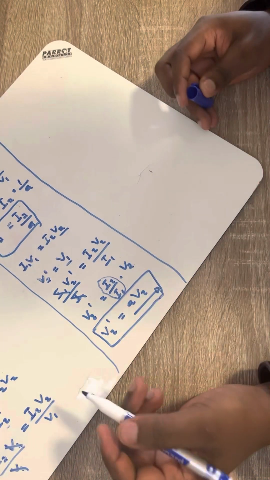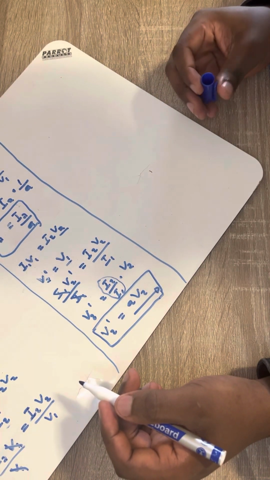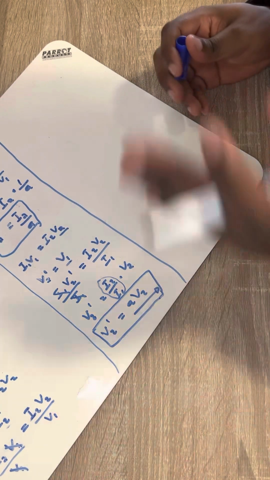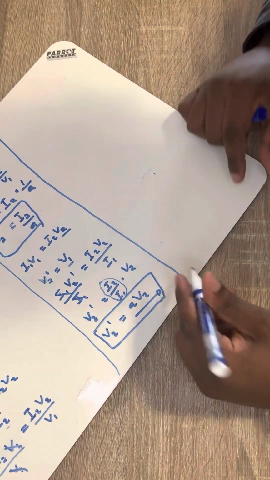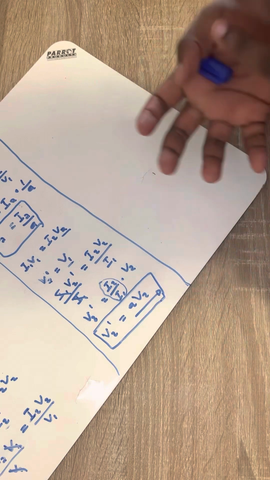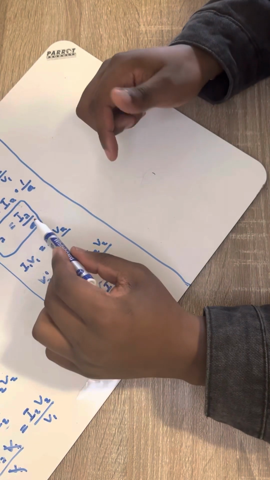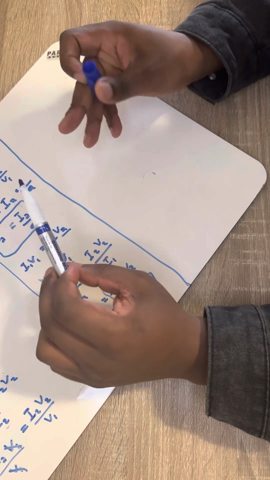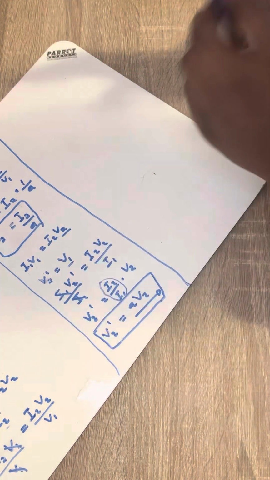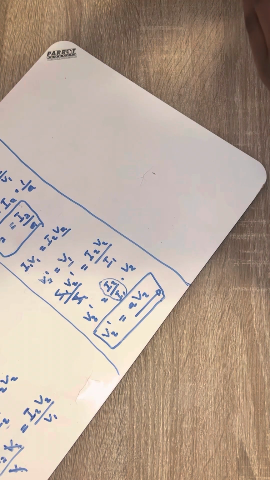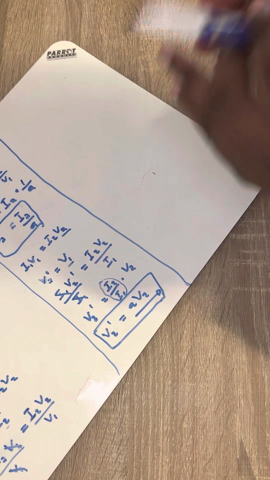So basically, when you want to refer current from the primary to the secondary, you will do the opposite. In fact, your formula will be the opposite of when you are referring from the secondary to the primary.